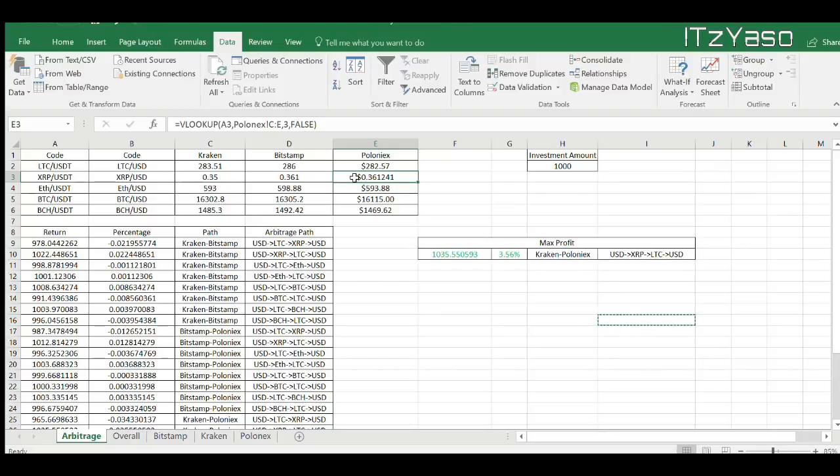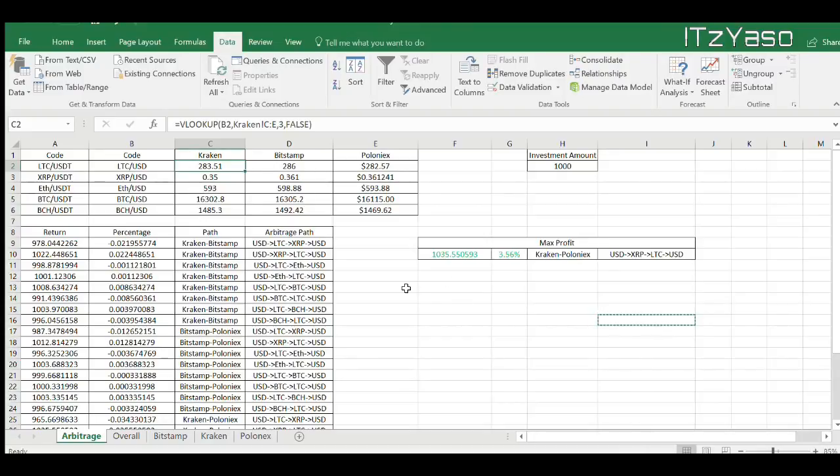Once you have it in US dollar, you would purchase the Litecoin at 282.57, and then send the Litecoin back to the Kraken exchange, where you would exchange it into US dollar, and then you would have your 3.5% increase minus some of the small transactional fees that are involved in making these 4 or 5 different transactions.